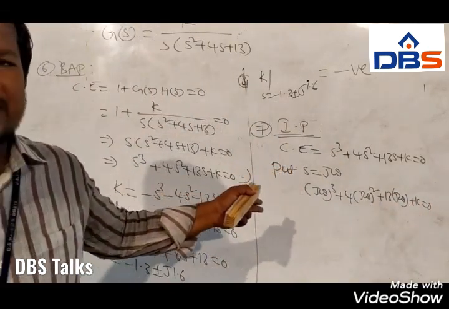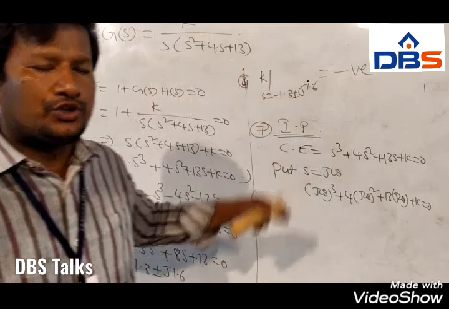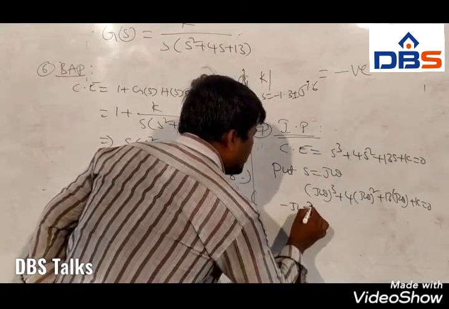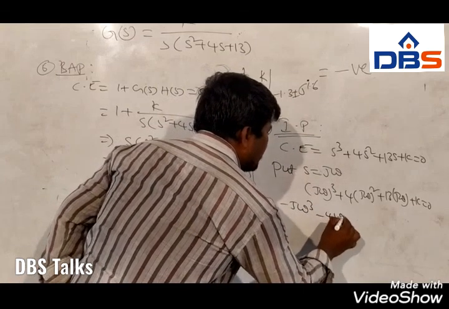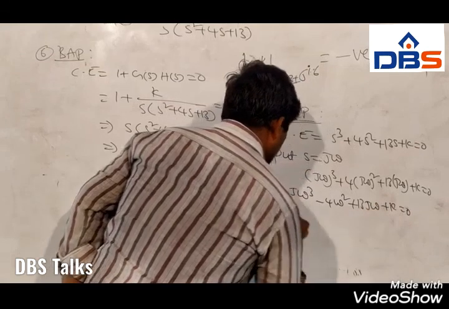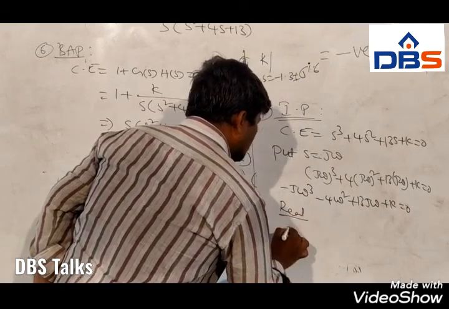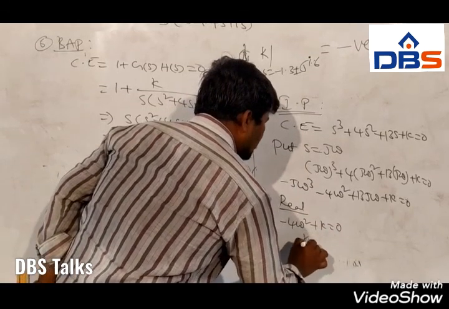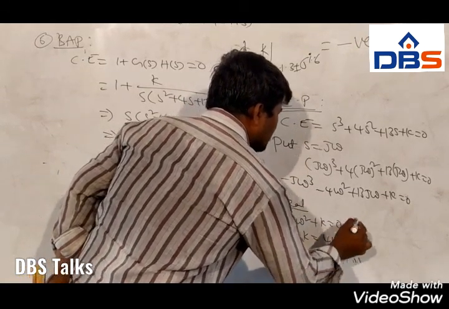Separating the real and imaginary parts and equating each to 0, we get the omega value and k value. So minus j omega cube minus 4 omega square plus 13 j omega plus k equal to 0. Now the real part: minus 4 omega square plus k equal to 0, so k is equal to 4 omega square.